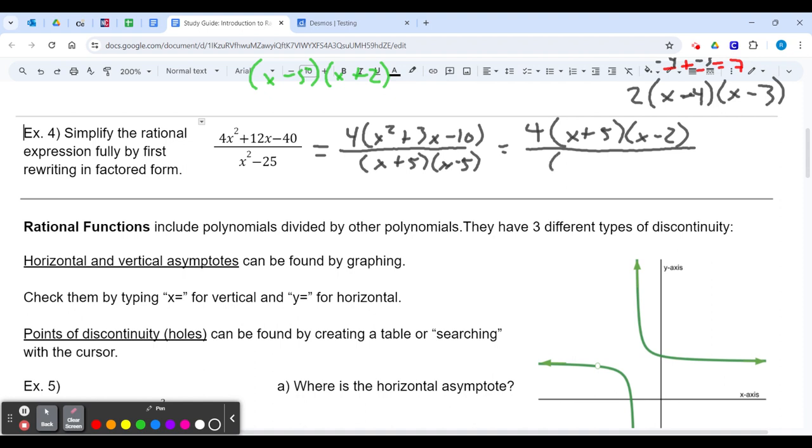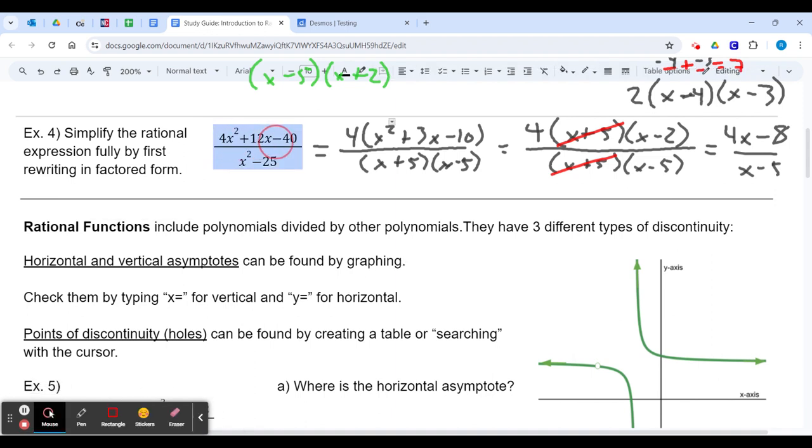And on bottom, I still have my x plus 5 times x minus 5. You'll see that we have this x plus 5 that shows up on top and bottom. I can cross that off on top and bottom and just be left with a simplified version up top of 4x minus 8 if I distribute over that x minus 5. Much simpler way of writing this rational function.